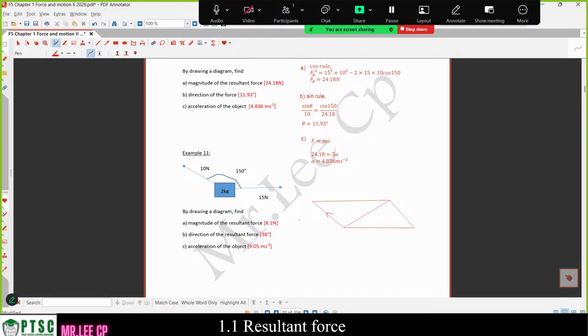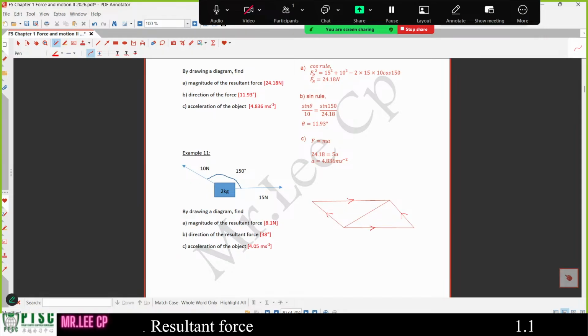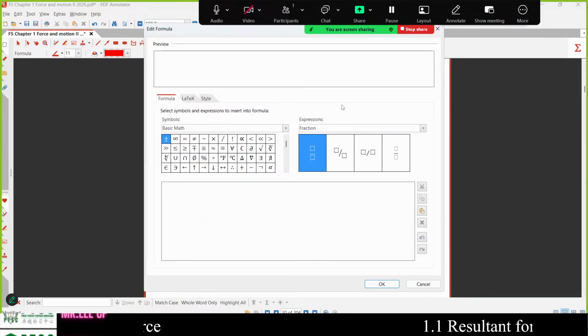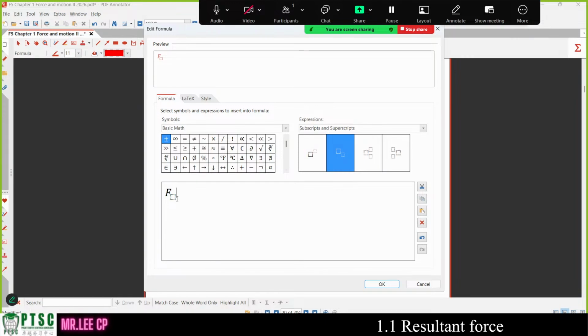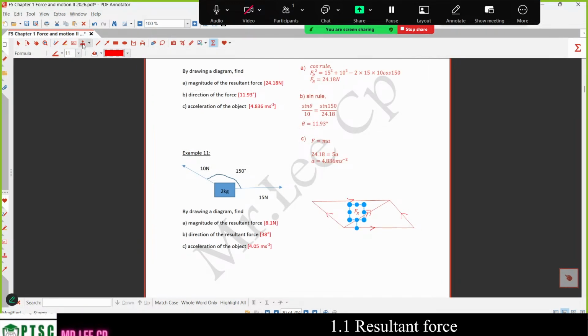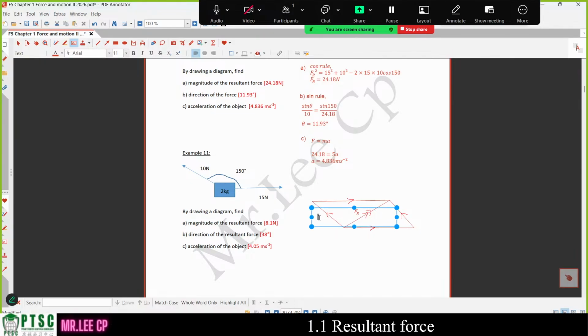Here it is your 10 Newton. Here it is your 15 Newton. This one is your resultant force.